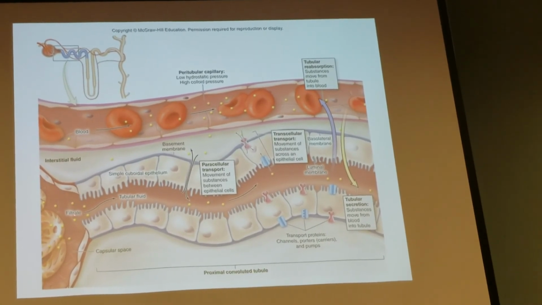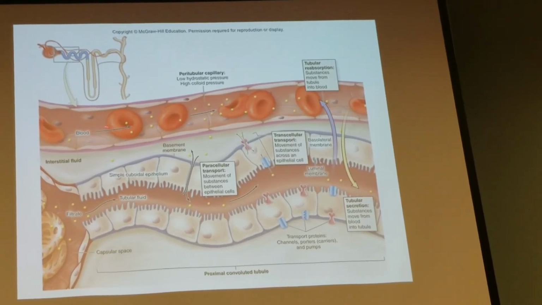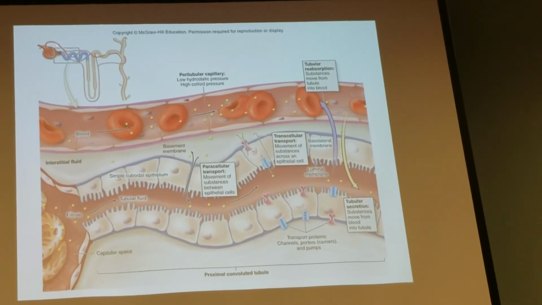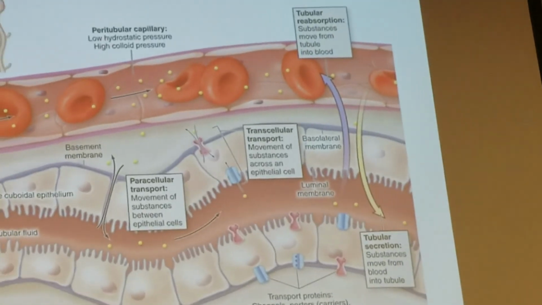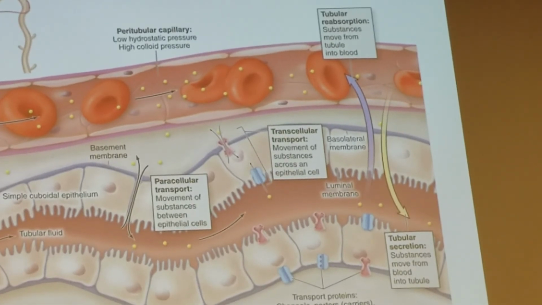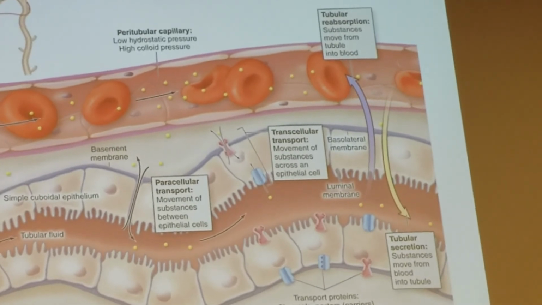So we can see these little dots being your solutes, right? Things I want to get back into what's called my peritubular capillaries. And these are the capillaries that are wrapping around the blue segment in the upper left-hand corner of our diagram, because that's where we are in this image. We're in the proximal convoluted tubule. The capillaries are literally right next door to these cells. There is basically almost no space between them.